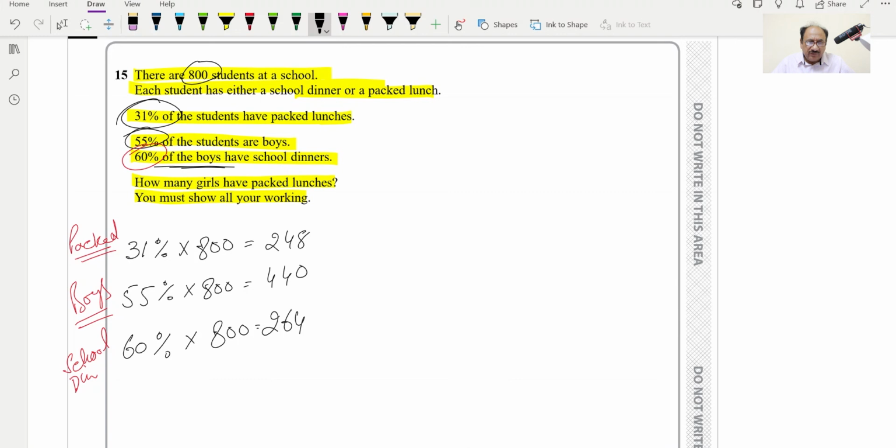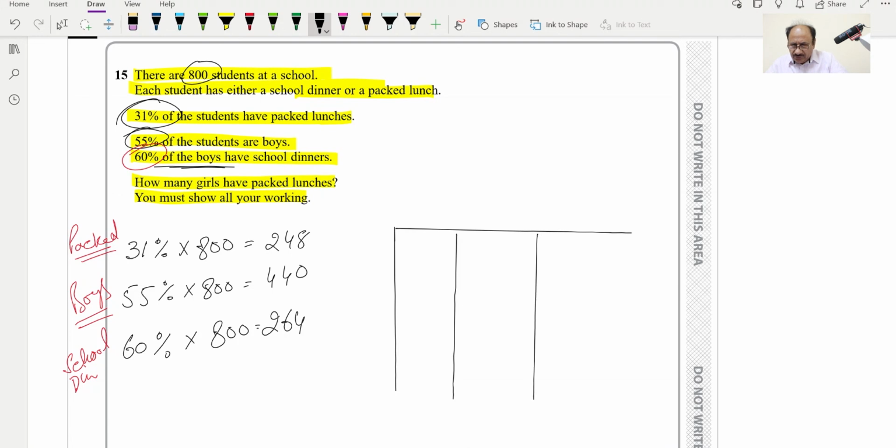Now we can check for boys with packed lunch. What we can do is form a small table, and we can show it in the form of a table. If I draw a small table like this, these will be the different categories.